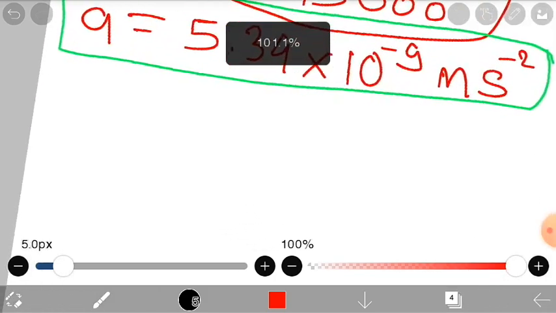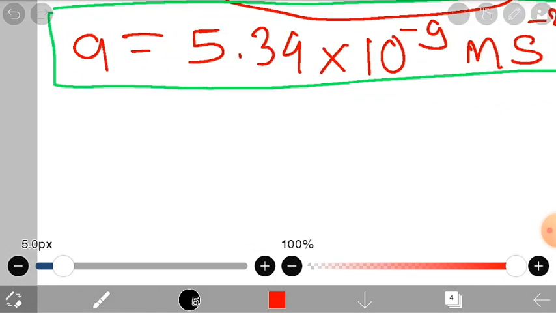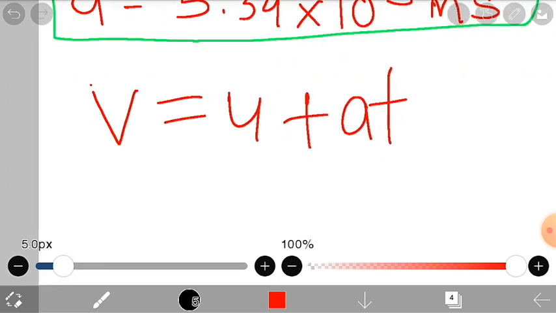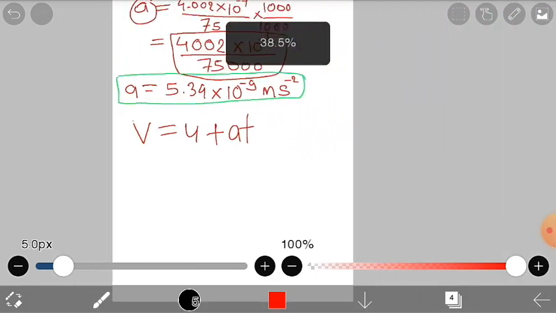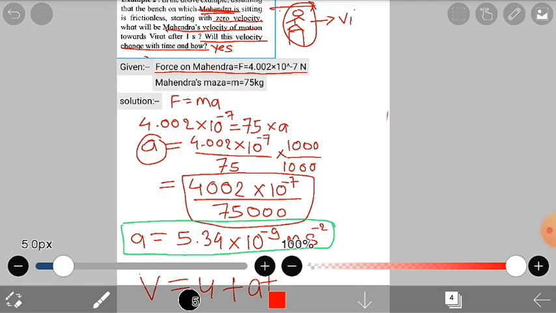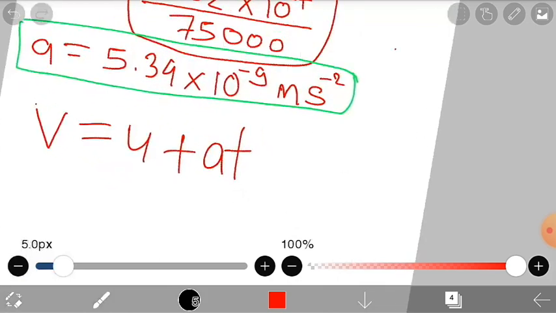According to Newton's first kinematical equation, which is V equals U plus A T. Here the final velocity is the velocity that happened due to the action of gravitational force. The final velocity we have to find here.